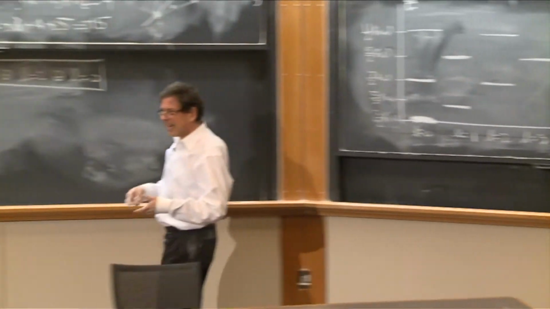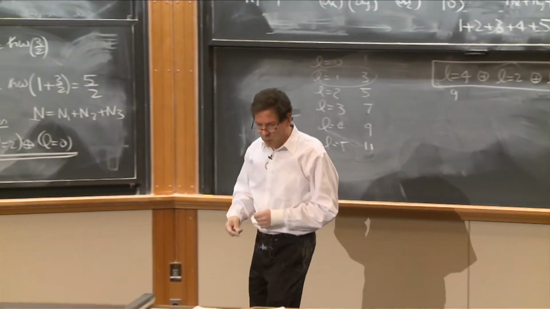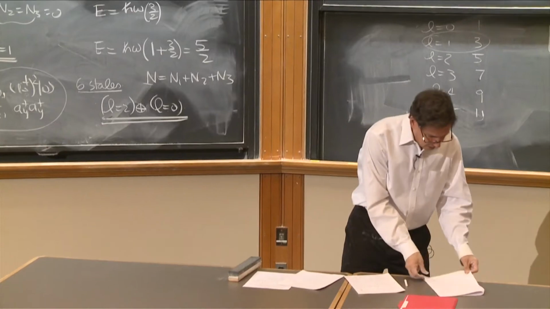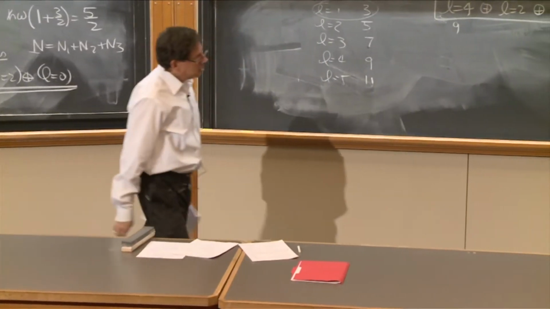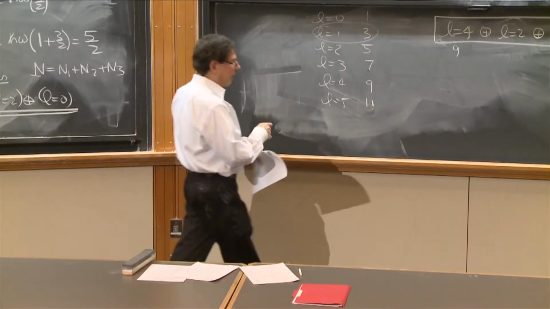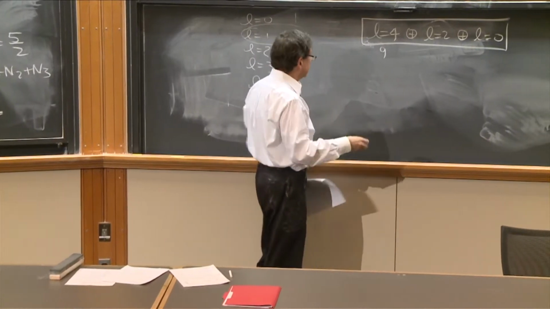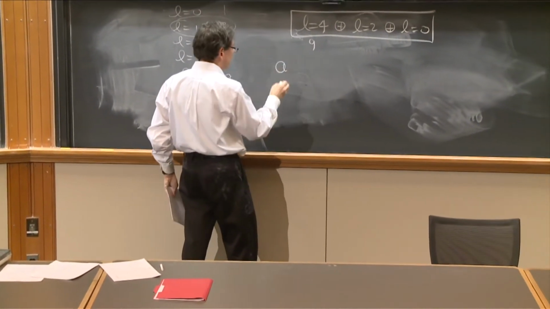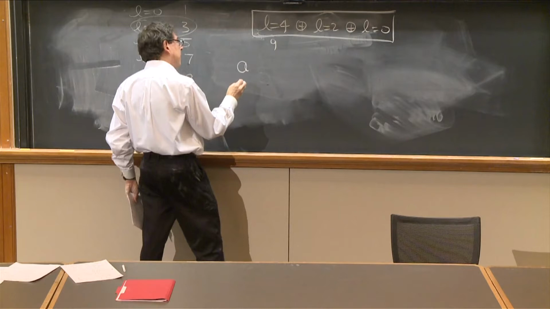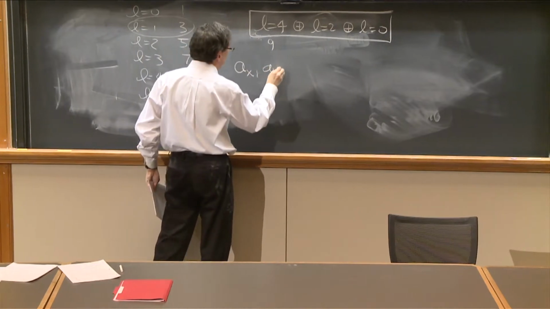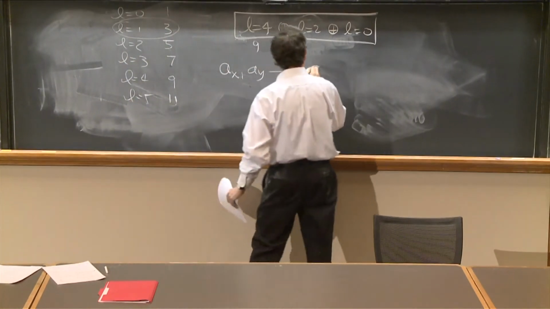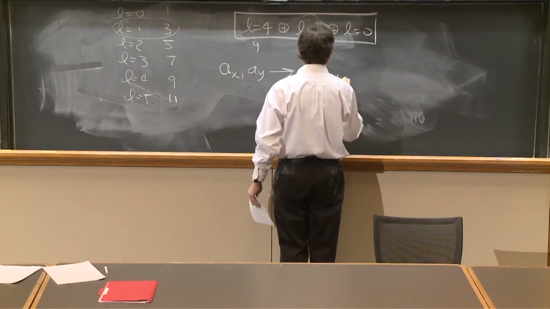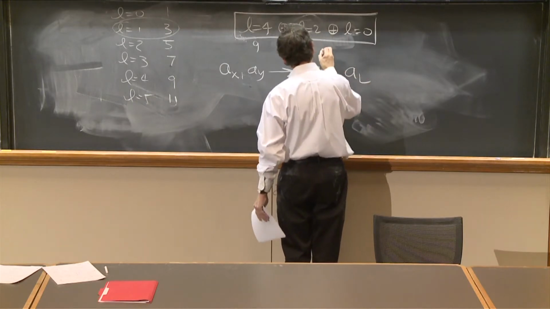How can you understand a little more of what's going on here? Why these things? Well, as you may recall, we used to have this discussion in which you have AX and AY. You could trade for A right and A left.